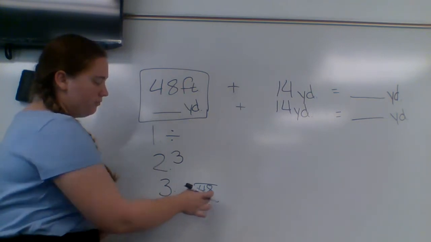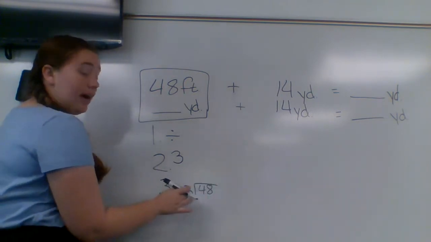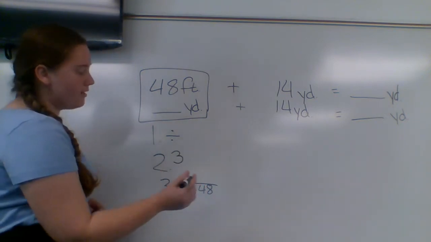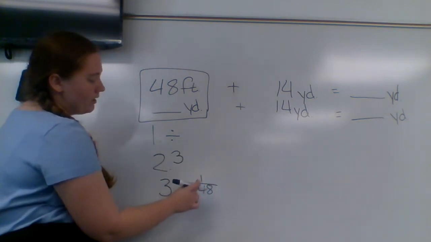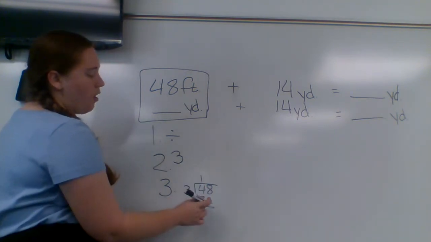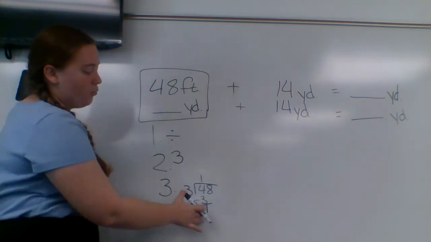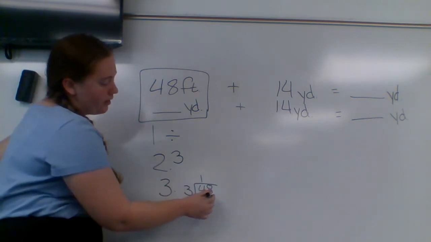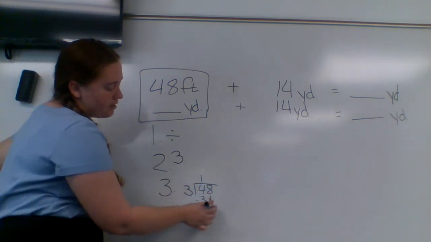So I have 3 will go into 4, 1 time. 1 times 3 is 3, 4 minus 3 is 1. And I have 1 is smaller than 3. I'm going to bring down my 8. So now I have 18.